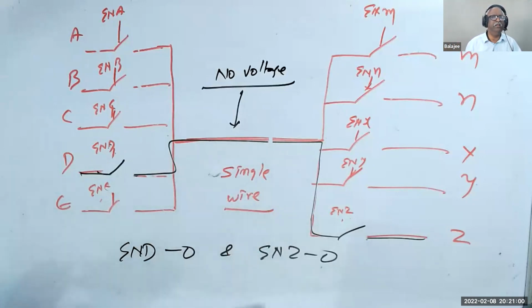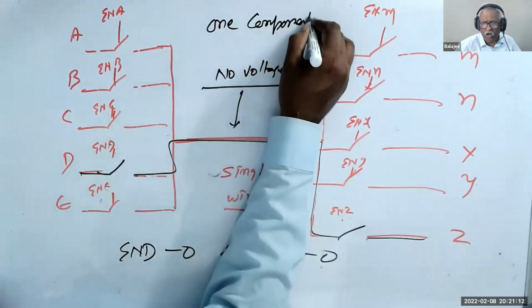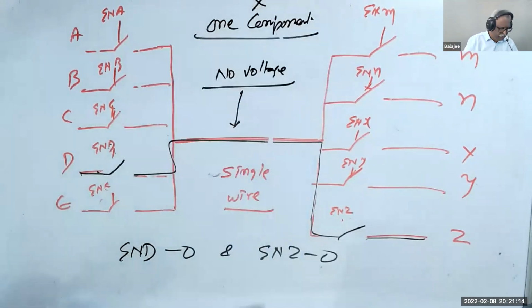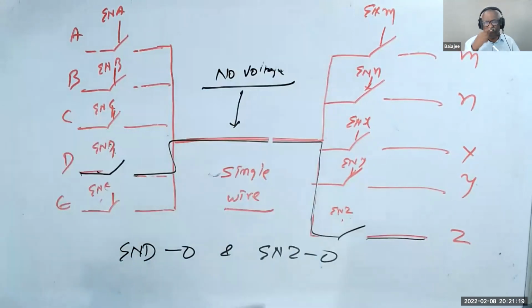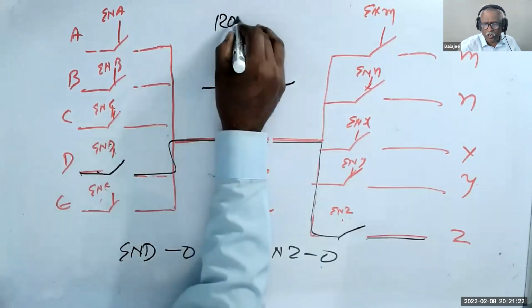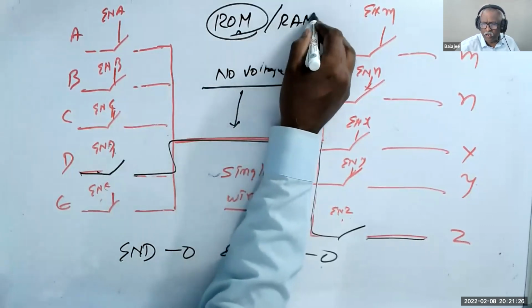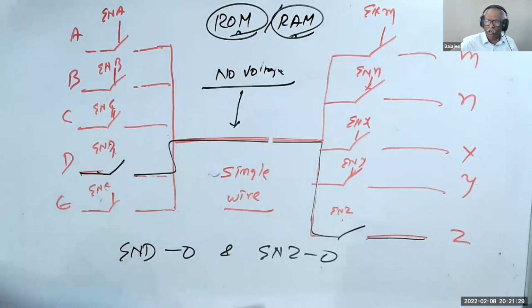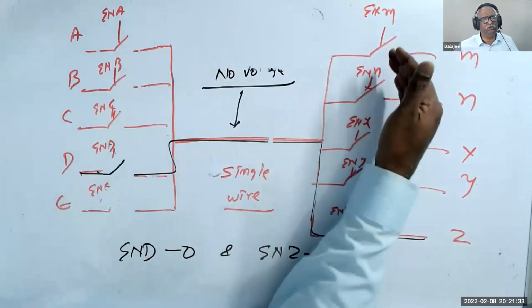We have thousands of components on the board, motherboard or embedded board, but at a time you select only one component. All the other components are off. Tomorrow, next session, that is Monday session, when I'm explaining about the RAM, you will understand the use of this. So please understand, I have so many inputs, I have so many outputs.